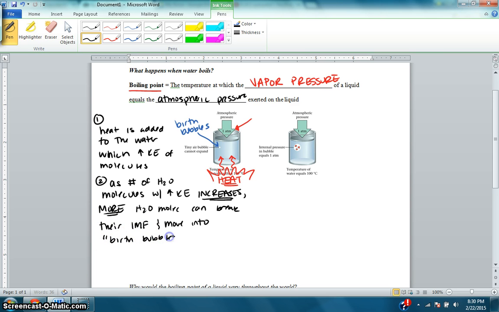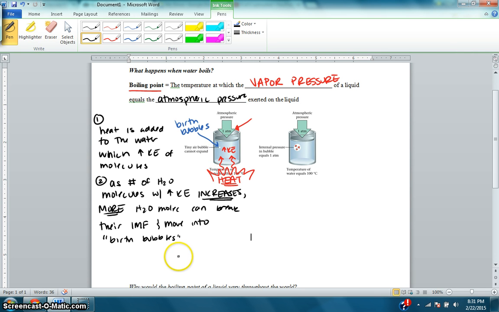So as our heat's being applied, we're going to increase the kinetic energy of all the water molecules inside that water. And as those water molecules are moving faster, they're going to have more vibrations, which is going to break those intermolecular forces. Now, because there are these tiny birth bubbles all over the water, the molecules don't have to be at the surface to escape anymore. If they're close enough to a birth bubble and they break their intermolecular force, they can move into our tiny birth bubble.